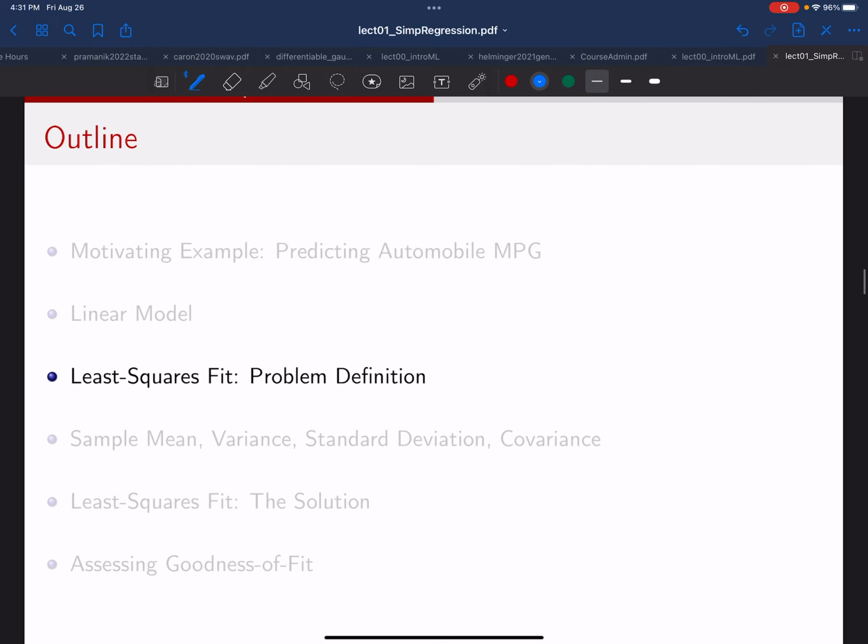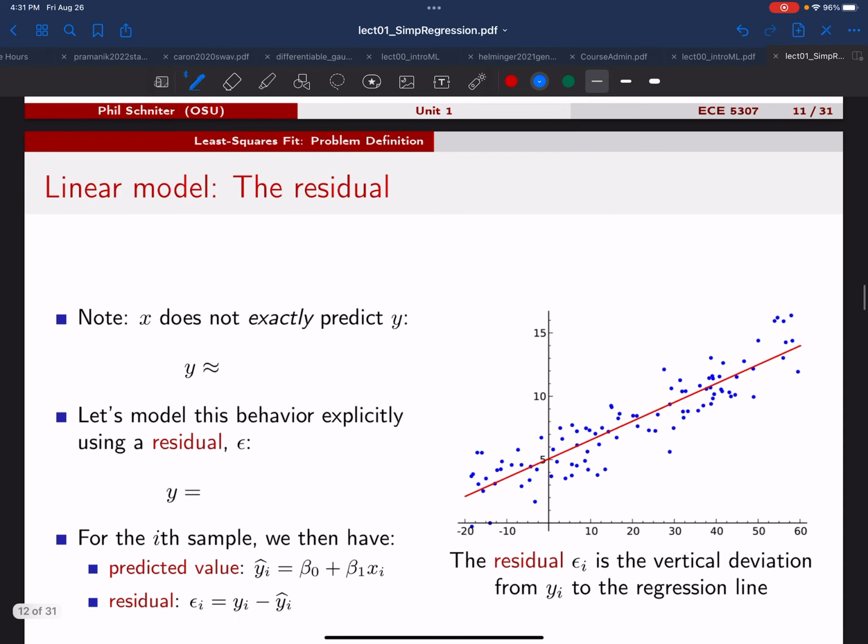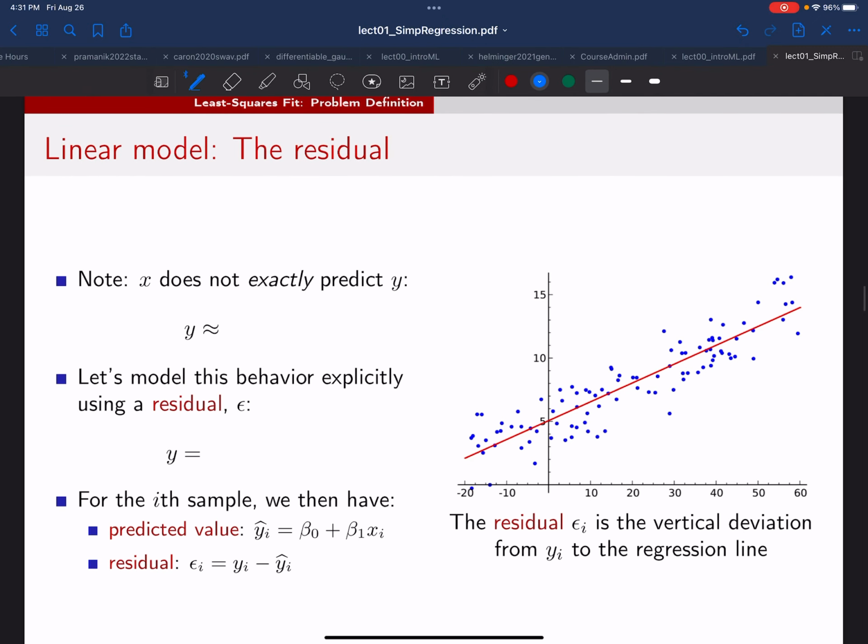So we kind of set up the model. So now the question is, how are we going to figure out those parameters? So the first thing we have to do is be a little bit more concrete about the error in the model. Again, we're going to notice that we don't have an equality in our model. We have this approximate equality. And so we're saying that y is approximately equal to beta 0 plus beta 1x. But let's be a little bit more concrete now.